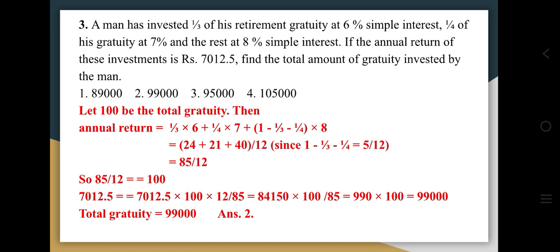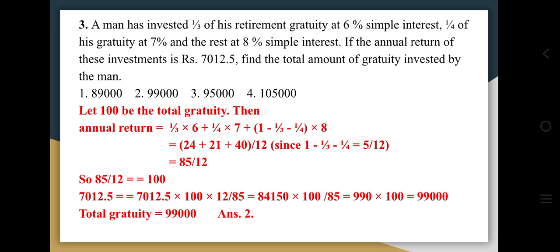We want what 7012.5 corresponds to. So divide 100 by 85 by 12, multiply with 7012.5.